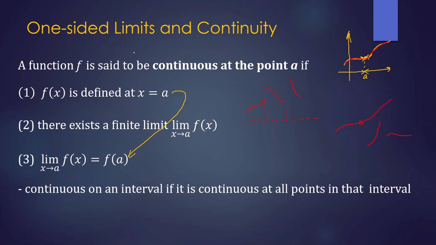On this interval, on this interval, on this interval, the function is continuous. Basically, the points where the function is not continuous separate such intervals.